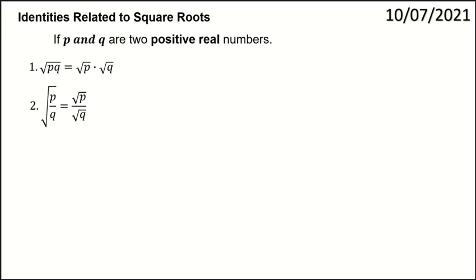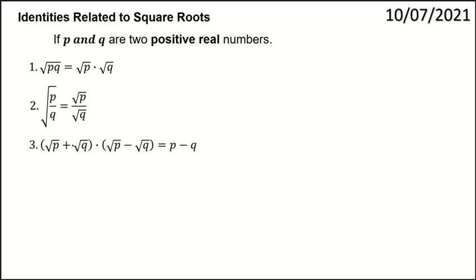Now we are using algebraic identities to form some more identities on square roots. The third one: I have used x plus y into x minus y is x square minus y square, where x is root p and y is root q.